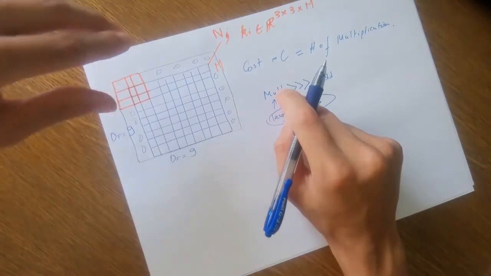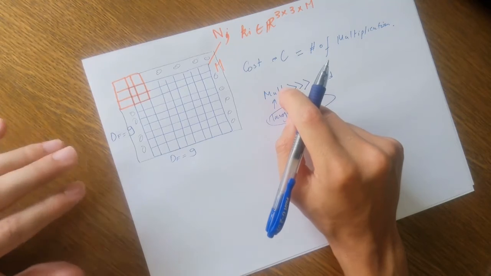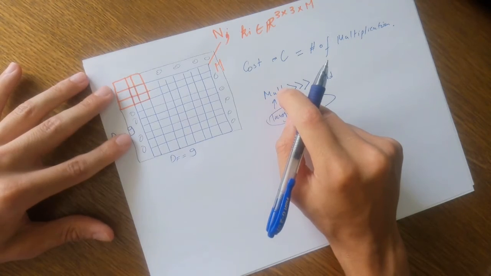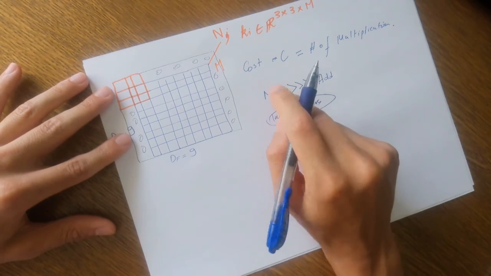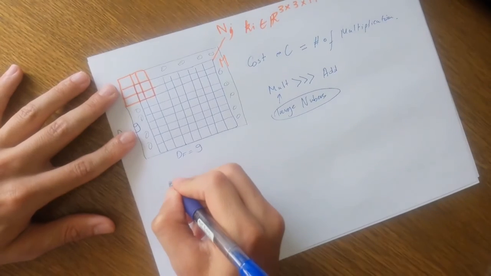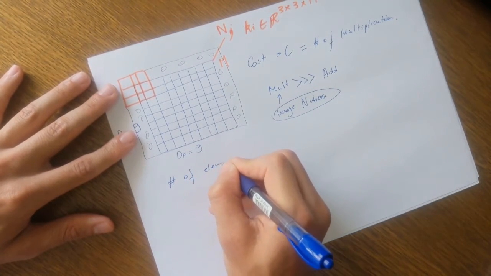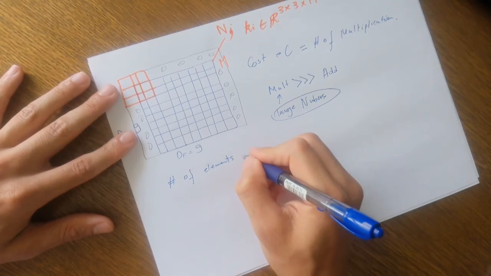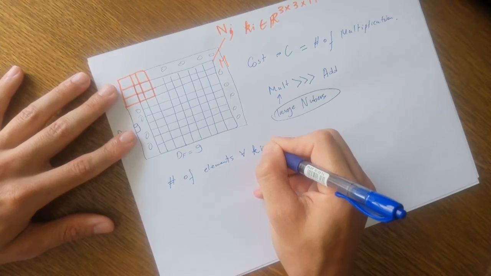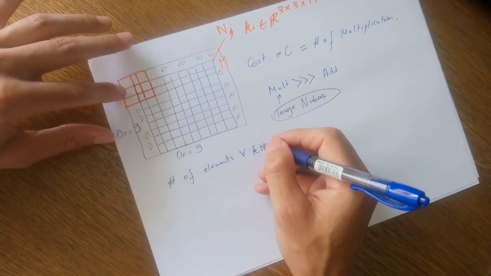Now, what is the number of multiplications? Well, first of all, the number of multiplications should be equal to the number of elements in each kernel ki, right? Because we are doing multiplication wise in each position.